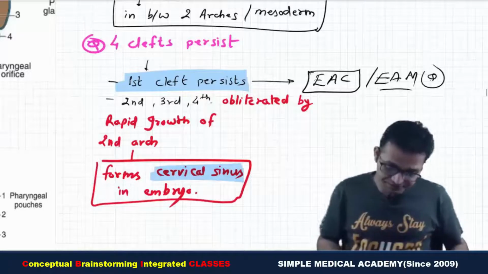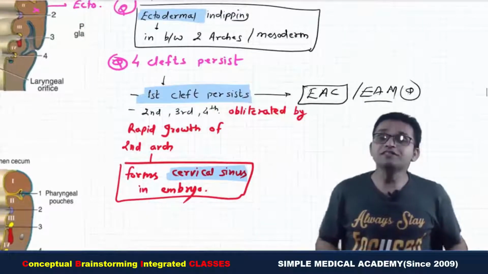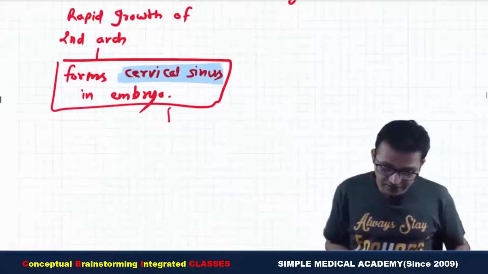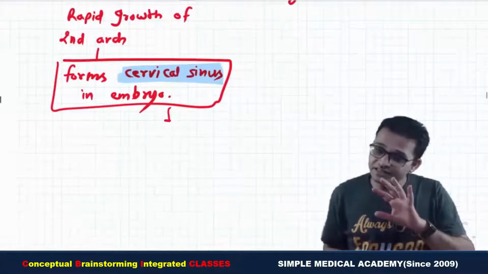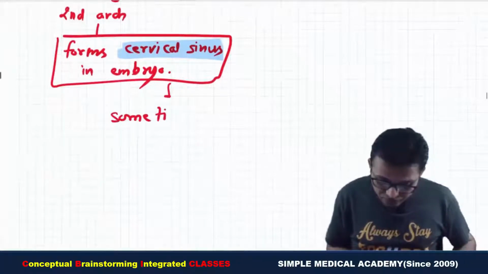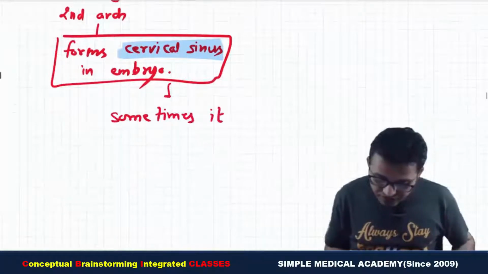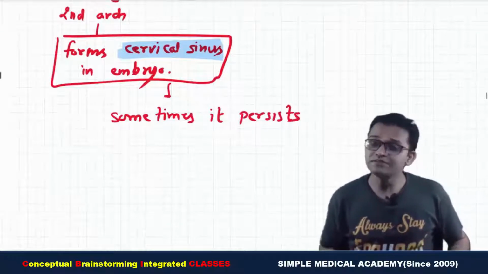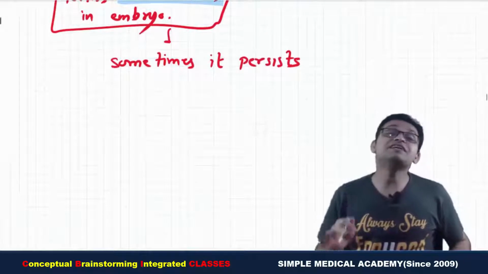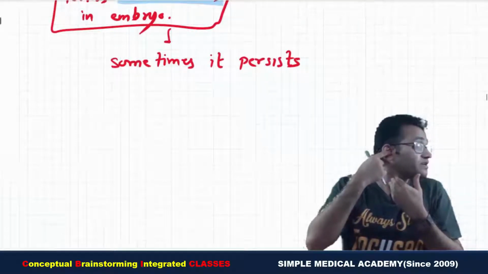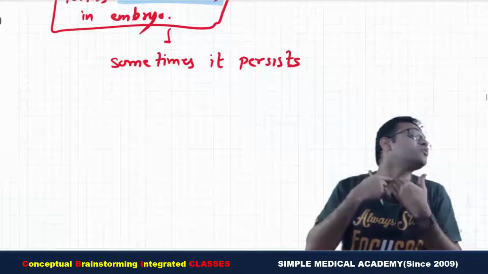Now see here, all these clefts make the cervical sinus, but it disappears. Sometimes it persists. In our body there is only one opening, no other opening.